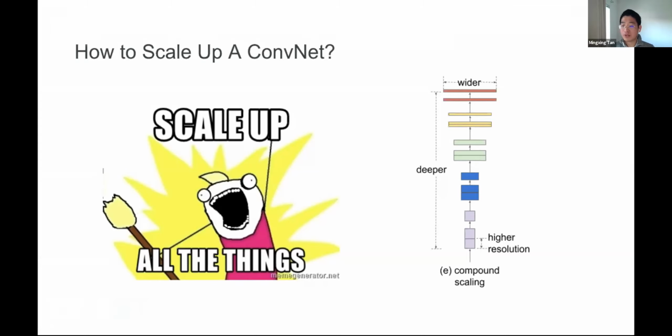So what is the intuition? Why do we need to do that? Well, it's pretty simple. To give you an example, when you increase the image size or increase the resolution, then the original layer will see a much smaller area, right? In other words, the receptive field will not be enough to capture the larger image size.